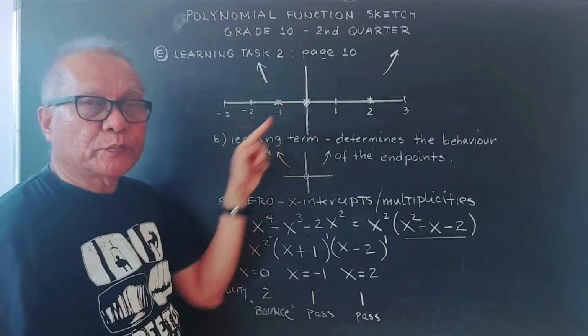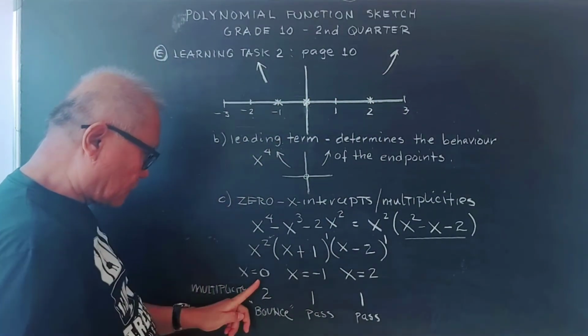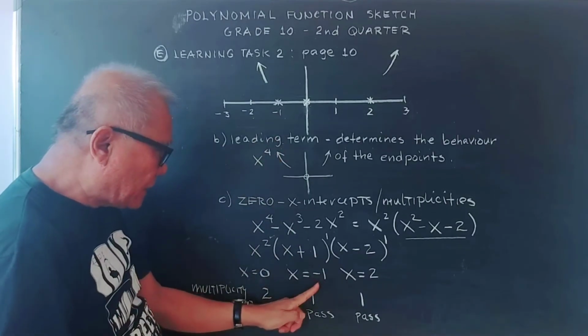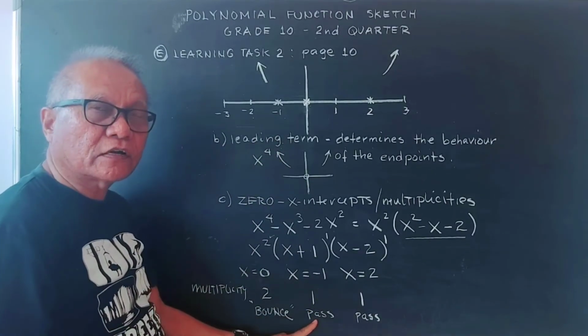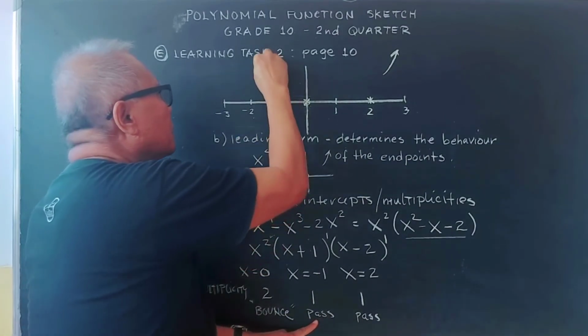So that's the leading term behavior of the end points. After that, now let's have negative 1. The curve will just pass. So from here, we'll just pass here.